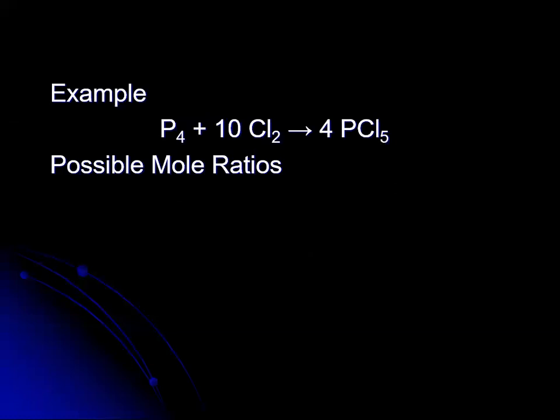I could say, what about PCl5 to Cl2? What's the mole ratio of that? 4 mole PCl5 over 10 mole Cl2. This is not reduced. We know that 4 over 10 we could reduce to 2 over 5. I could also write the mole ratio of P4 to PCl5, couldn't I?